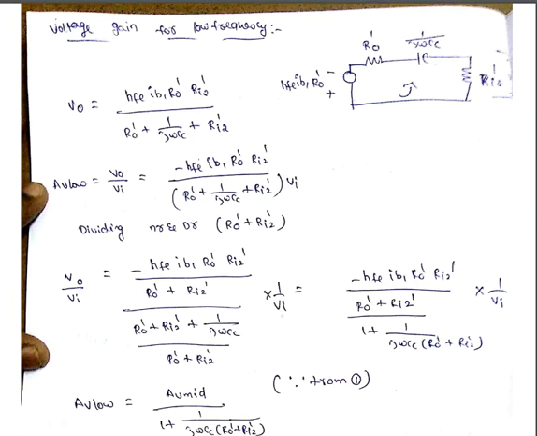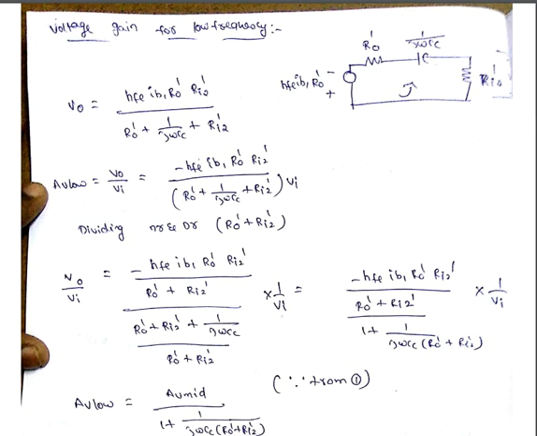When calculating the voltage gain at low frequency, we have the capacitance effect. In this diagram, we take the reactance of the capacitor, that is 1 by j omega CC. Here also we apply the voltage division rule, so V0 is equal to this expression. At low frequency, V0 by Vi is equal to minus hfe and this term.